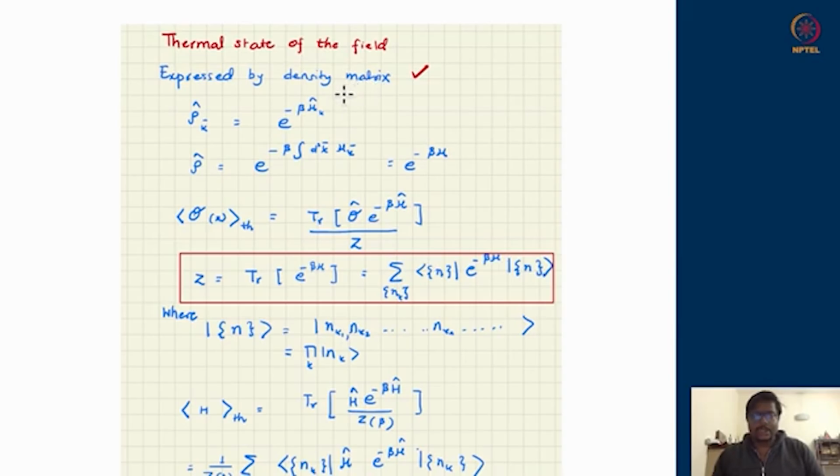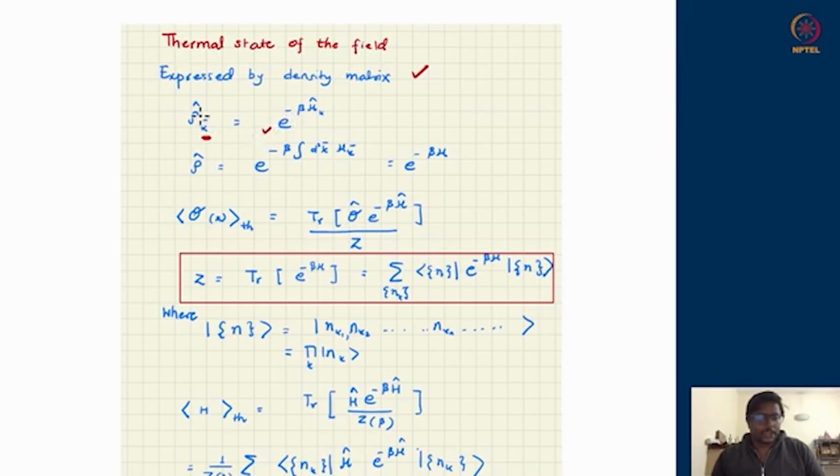Therefore, this is true for our field as well. And as we know, our field is constituted of individual oscillators in the Fourier domain. So I can think that each Fourier mode k, which is like an oscillator, has a thermal density matrix description if the whole field is in the thermal state.